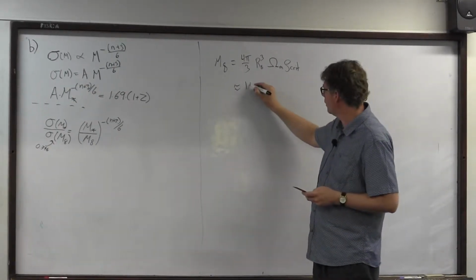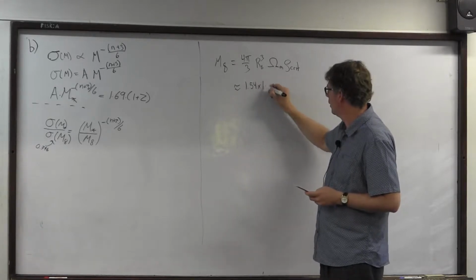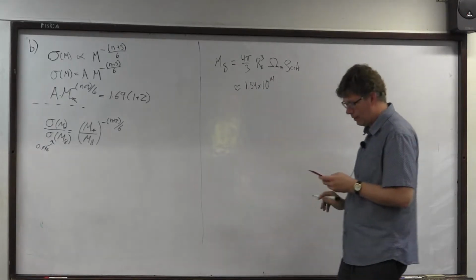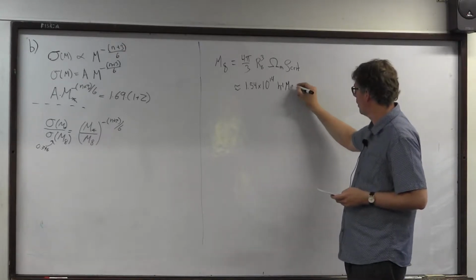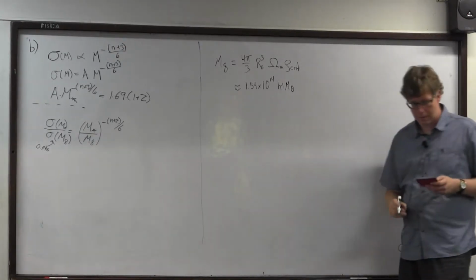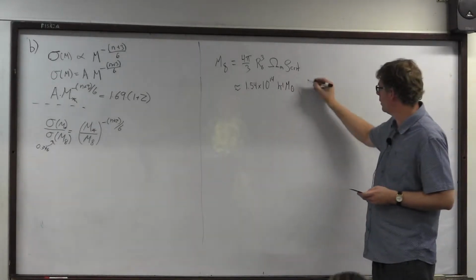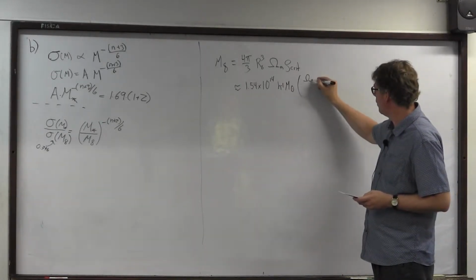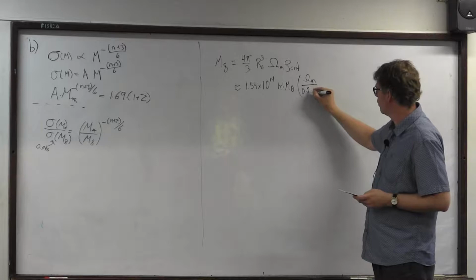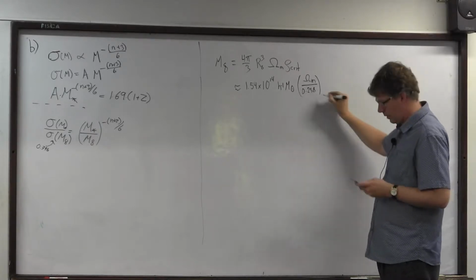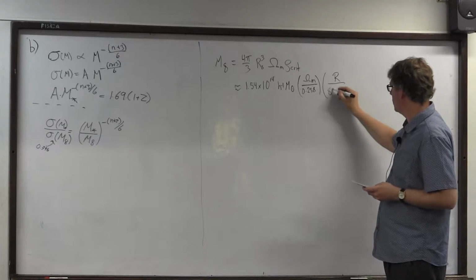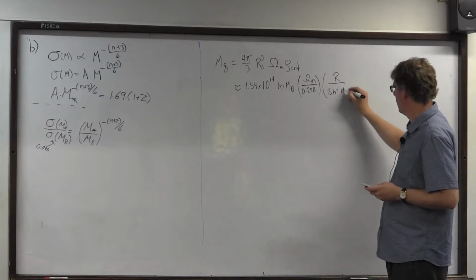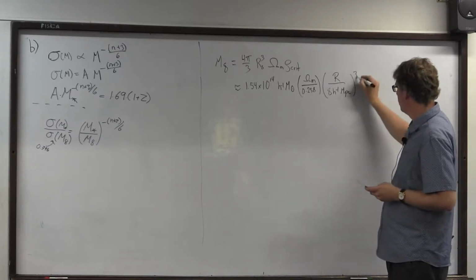And then you'll find that this is 1.54 times 10 to the 14, h to the minus 1 solar masses, times, and then just for reference, omega m 0.258, R8 over h to the minus 1 megaparsec cubed.